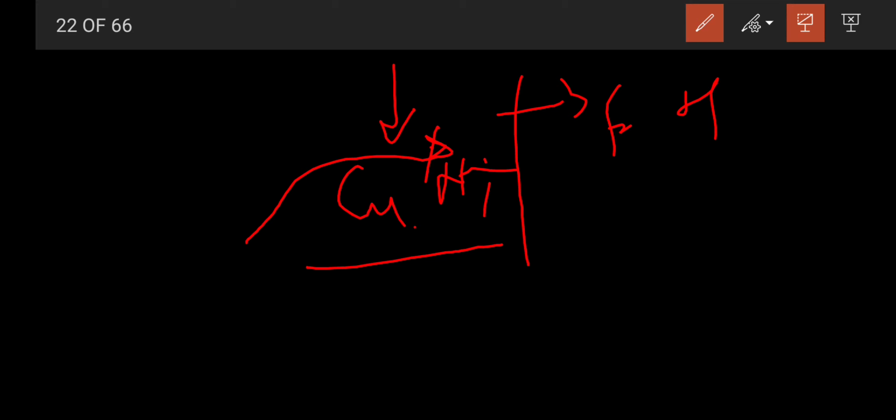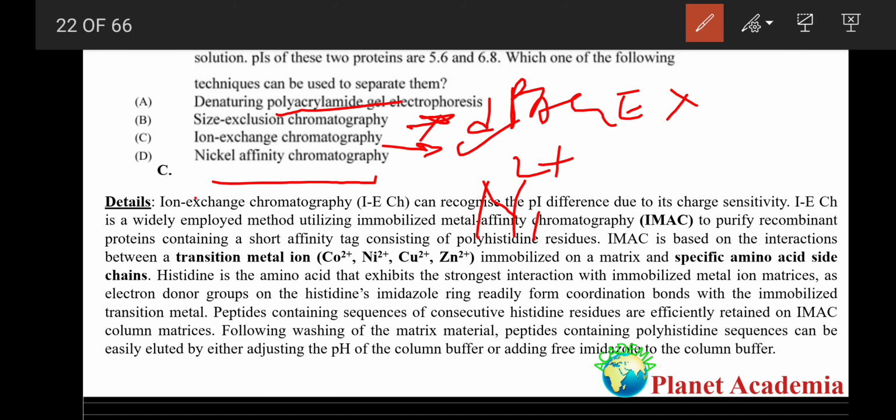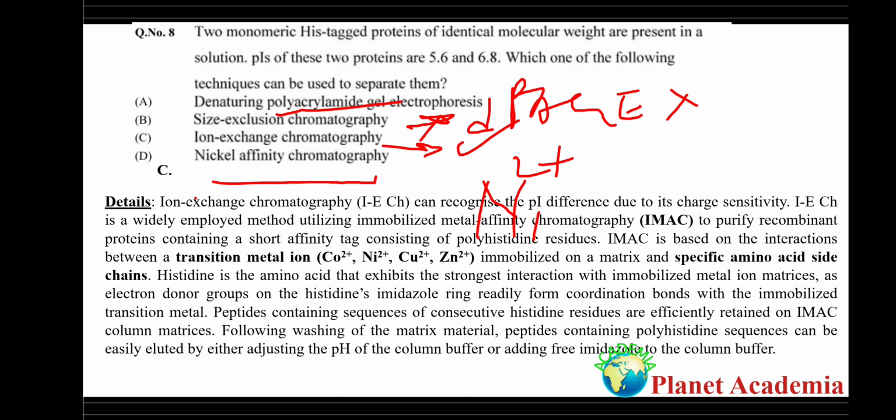Both will pass, but at different times. So this is the right answer. You can read the details actually. Why does histidine amino acid make a coordinate bond?